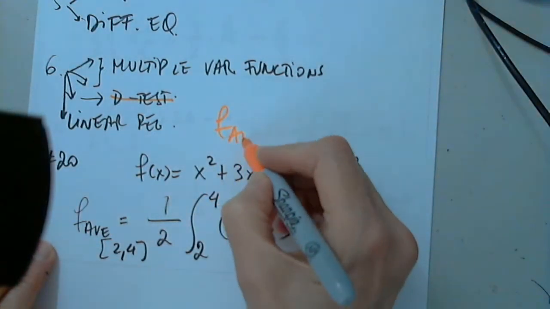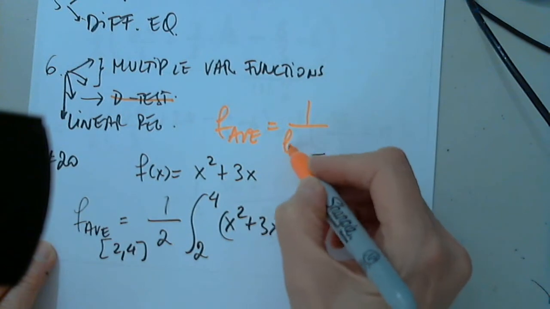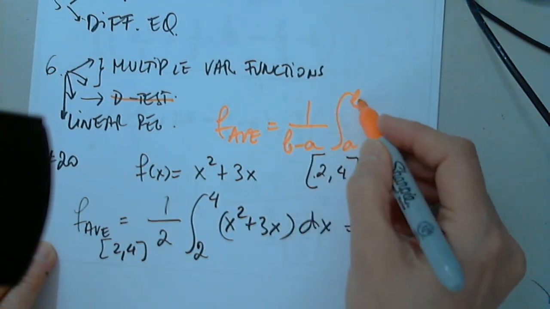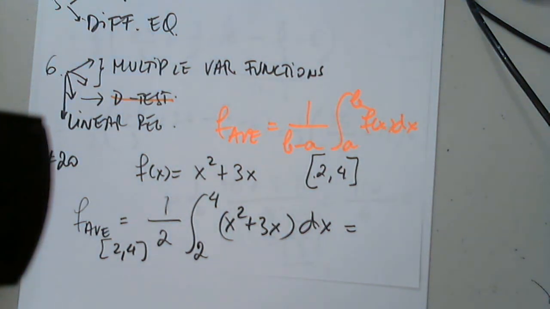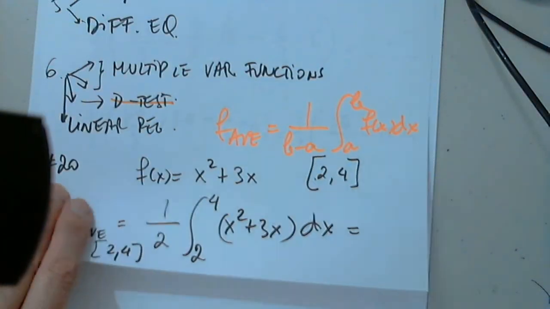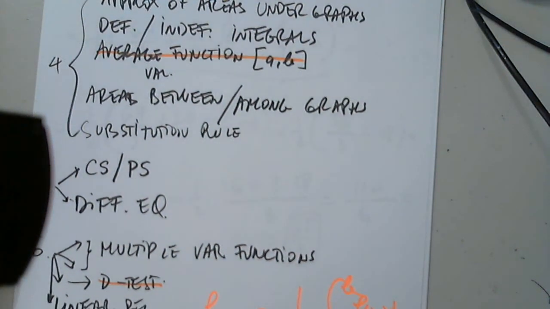Okay. So f average is 1 over b minus a, the integral from a to b of f of x dx. Very good. Perfect. Next one.